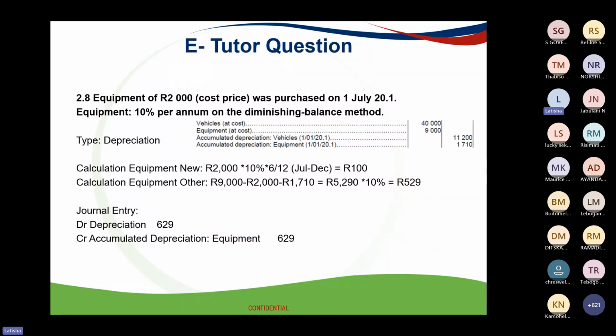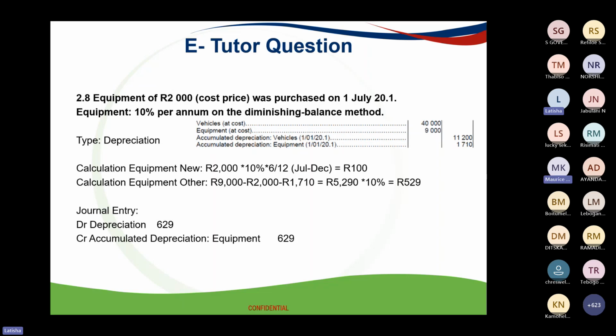Okay, so I'll just repeat, whenever you see assets being equipment, vehicles, buildings, etc., any asset, they will come with a depreciation policy in order to write it off every year. So the two types that we get is the normal straight balance method, which we are not looking at in this example. The other option is the diminishing balance method.